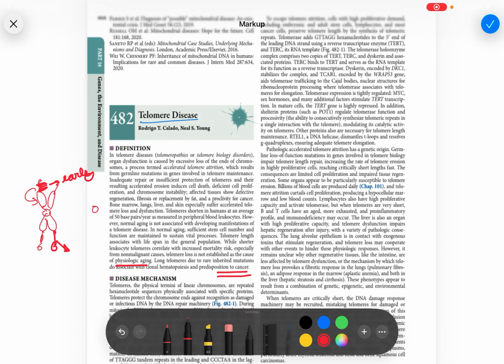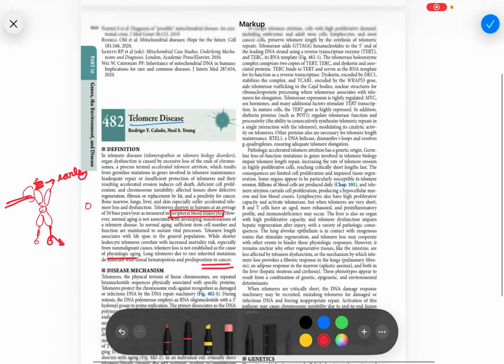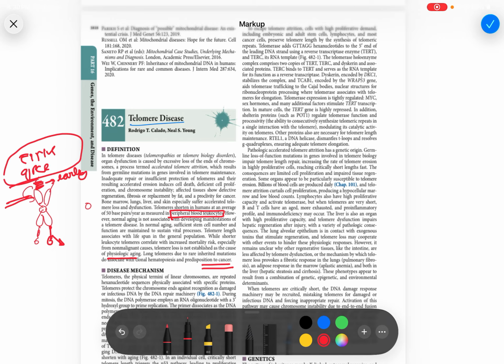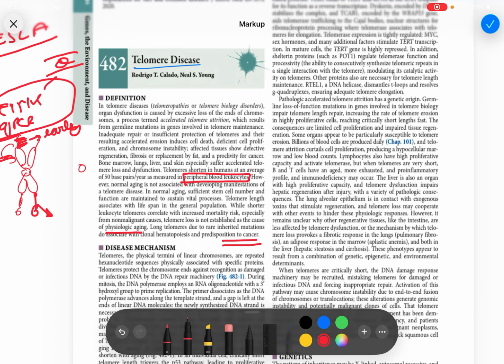And for telomeres, usually you have to take the sample from peripheral blood leukocytes, and various methods are available, which are FISH and quantitative PCR. Remember this. And there is something called Flow-FISH. The most commonly affected are the rapidly dividing organs: bone marrow, lungs, liver, skin.